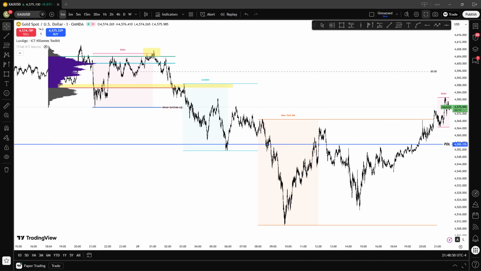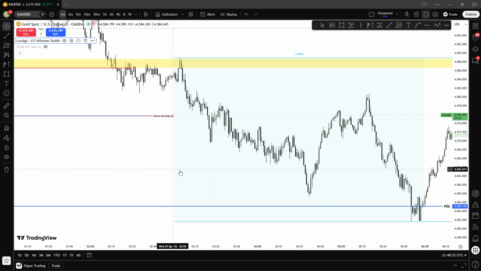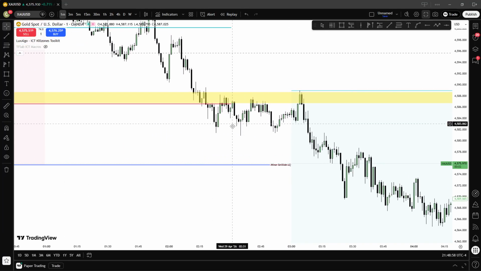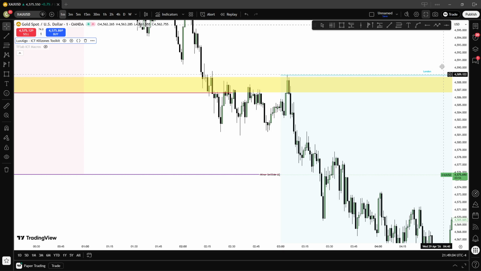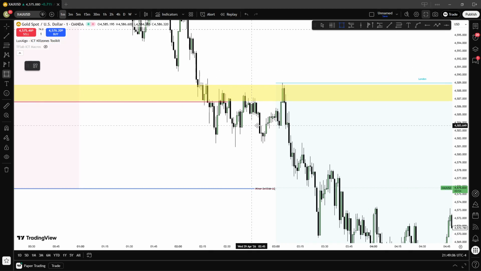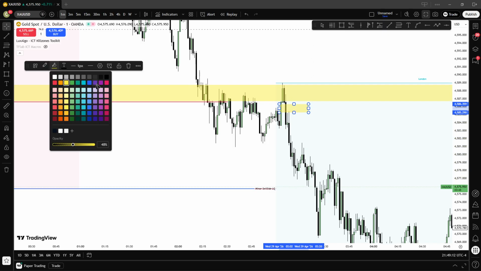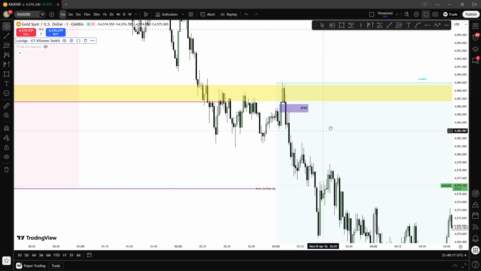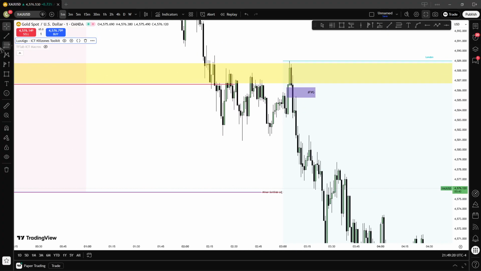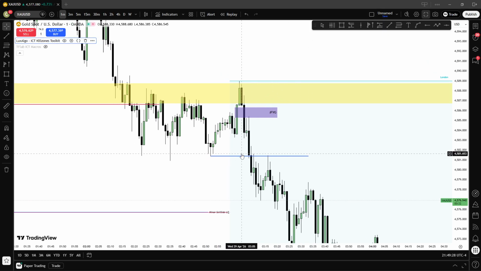When we go to the 1 minute, we see that the price tapped into the low volume nodes here and created an IFVG, then the market structure shift, the CISD.